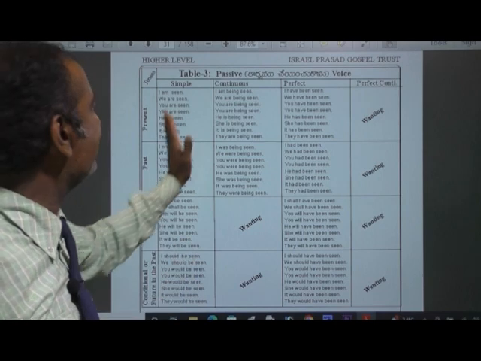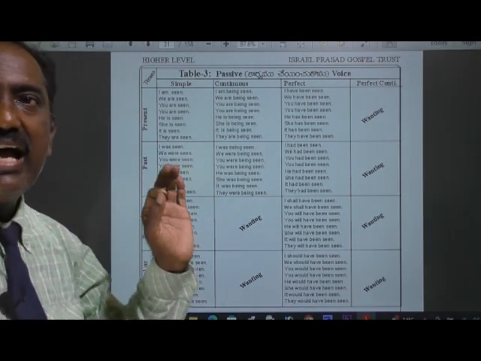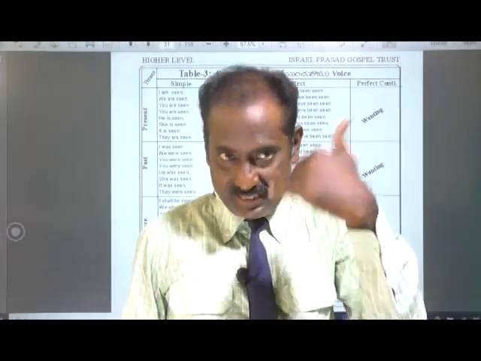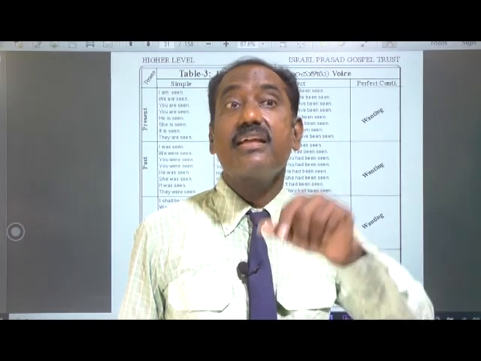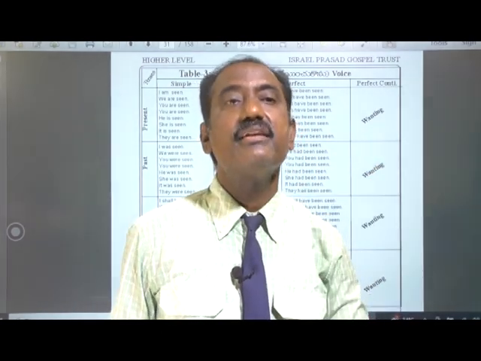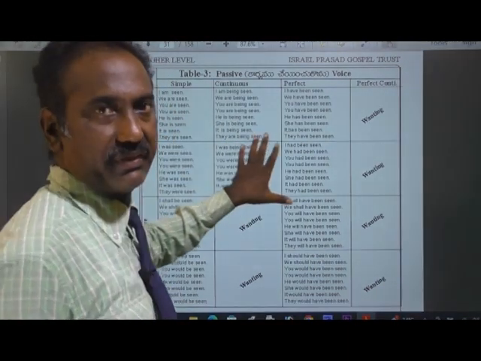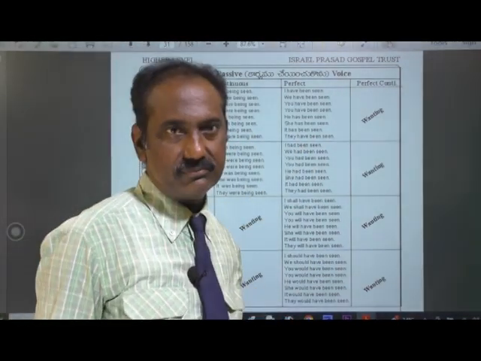See how easy it is. Suppose I see, that means I can see what is there. I am seen means I am seen by another person. That means others can see me. It is passive. Okay? In this way. I have done.